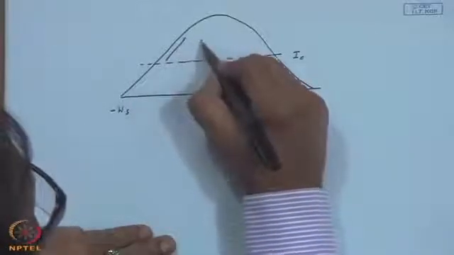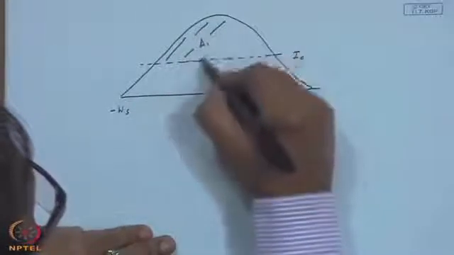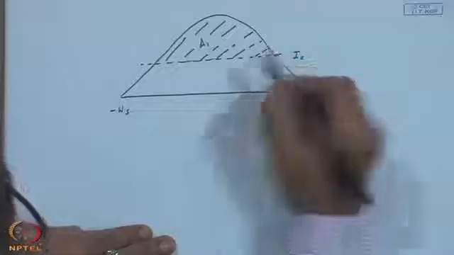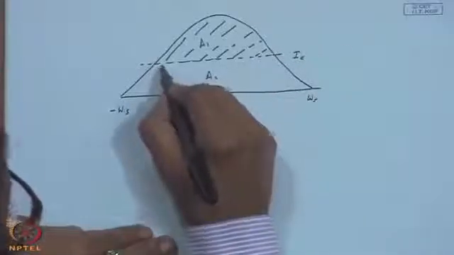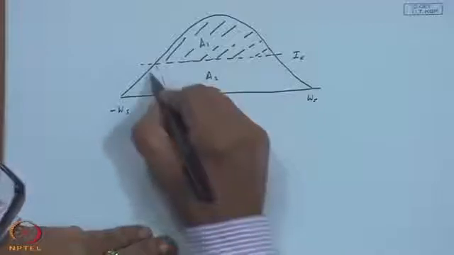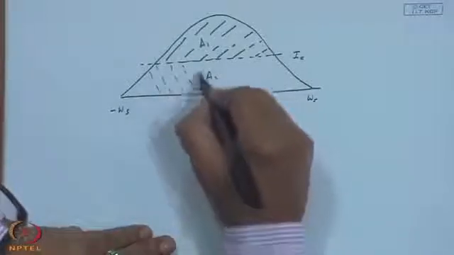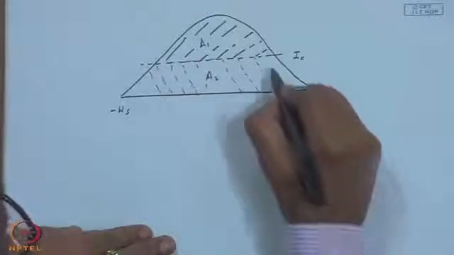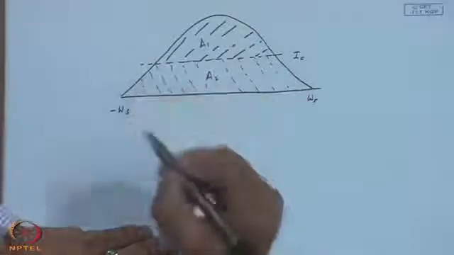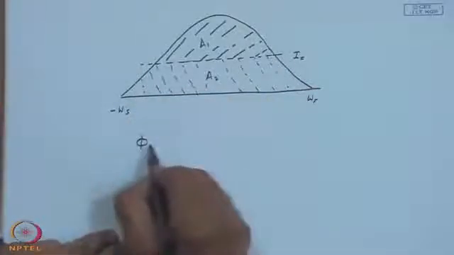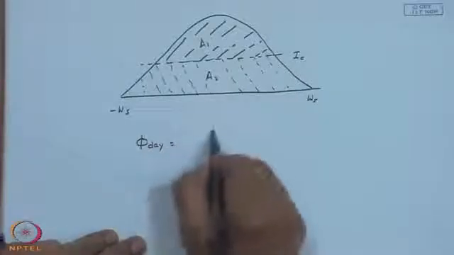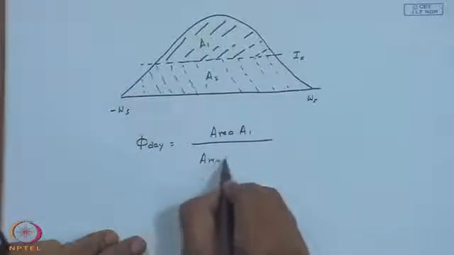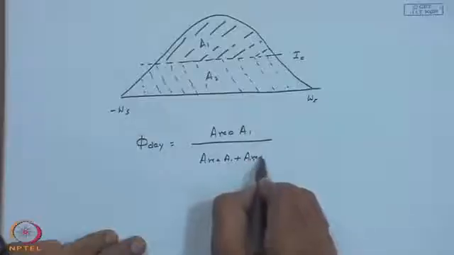Then if this is area A1, and this is area A2 under the line, for a single day, the utilizability for the day will be area A1 by area A1 plus area A2.